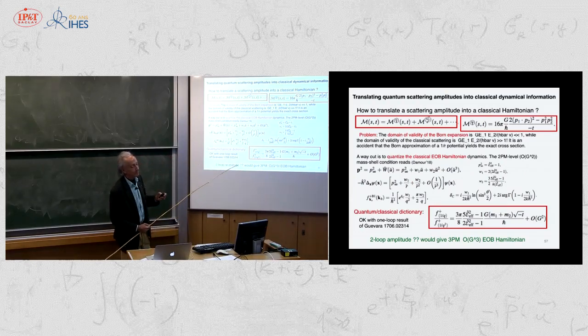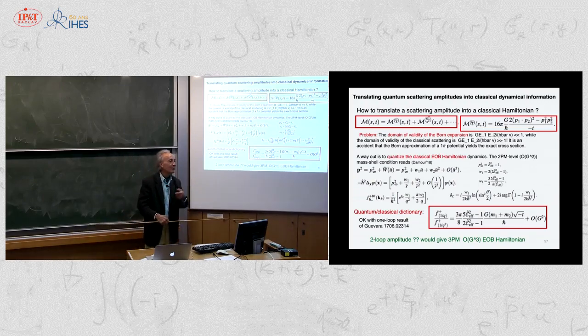What was done here was to start from the effective one-body description at post-Minkowskian order at the one loop, to quantize it, to compute the quantum scattering amplitude from the effective one-body, and compare to one loop quantum calculations.